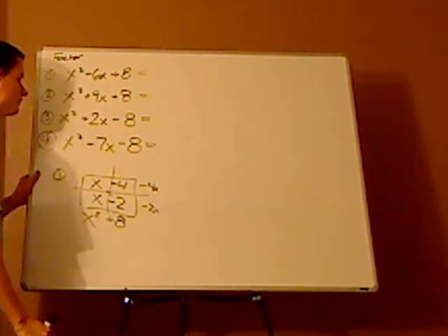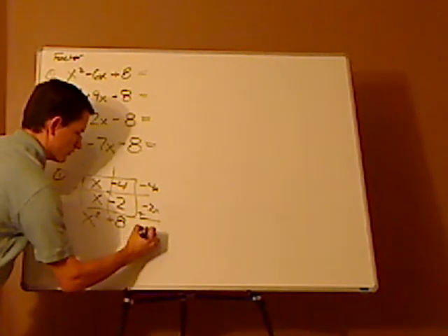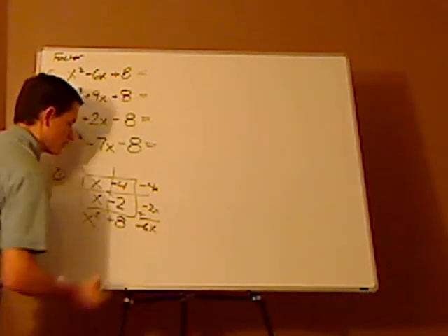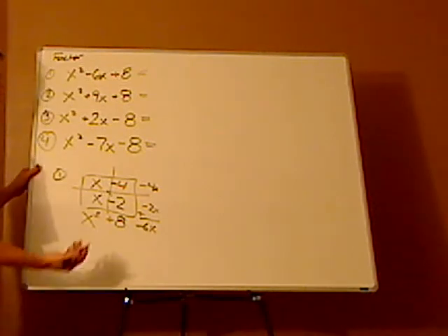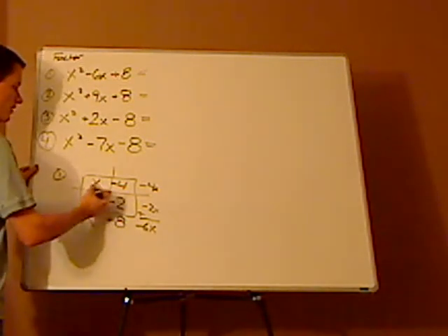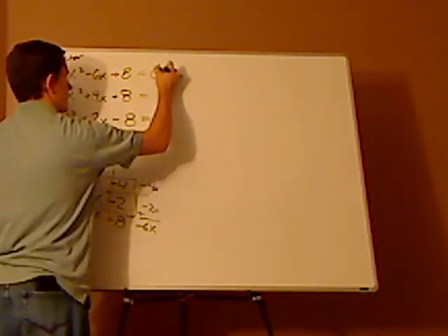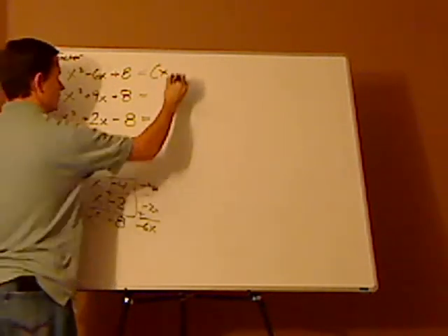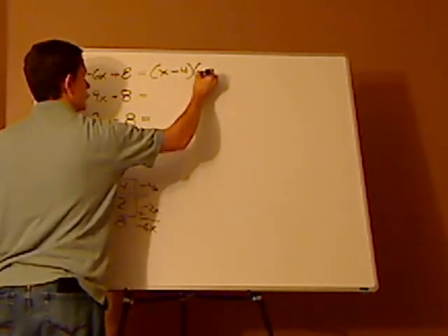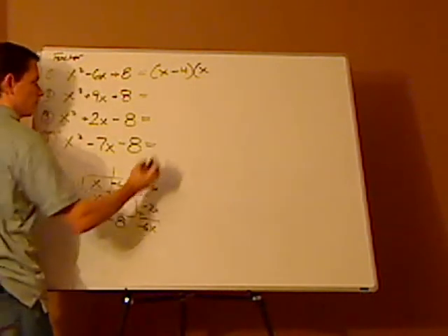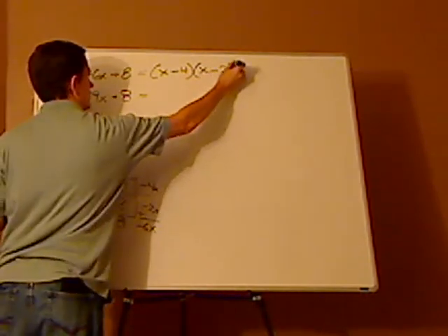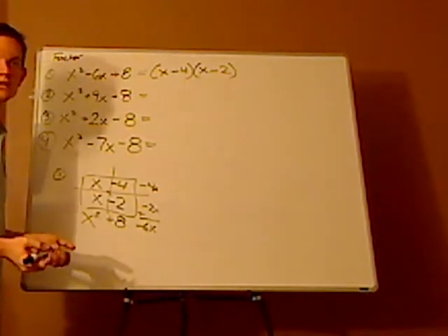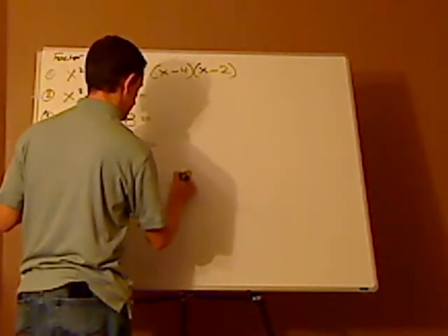And that's going to give you a negative. Add together, we have negative 6x. So then what you do is you just write it as is. So you have x minus 4, x minus 2. Just as is.